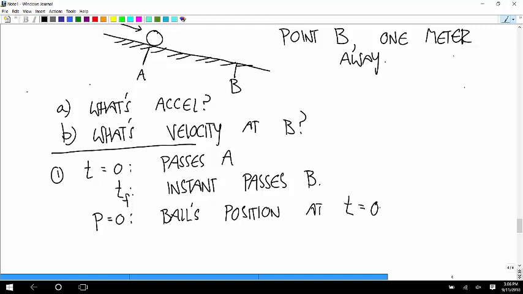That seems like a cumbersome way to write it, except if you think of it this way, it's clear that choosing your position equals 0 at the object's location at time equals 0 makes P sub I equal to 0. So that's a helpful thing to notice. This is going to mean that P sub I is equal to 0. And then the positive direction, down the ramp. Yep. Either one's fine, but that makes sense to me.